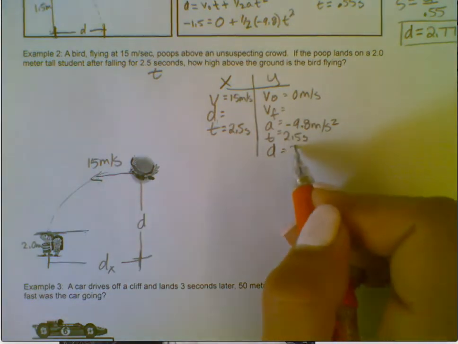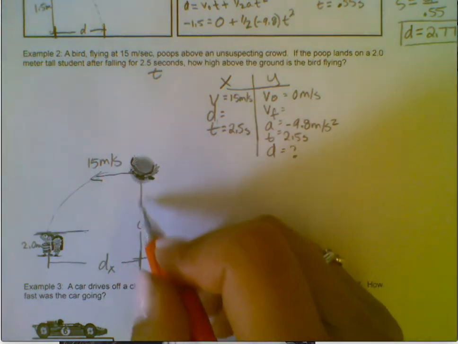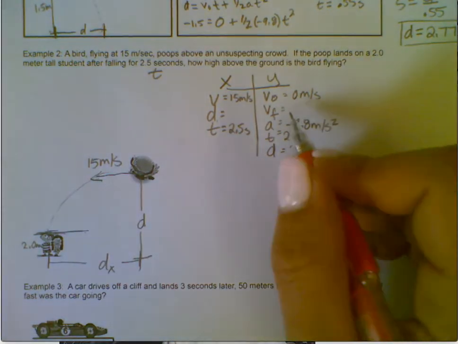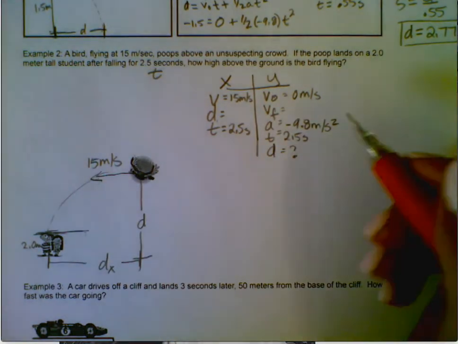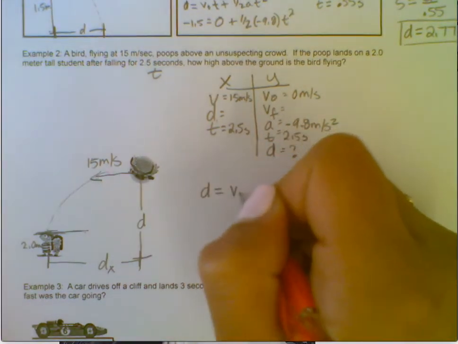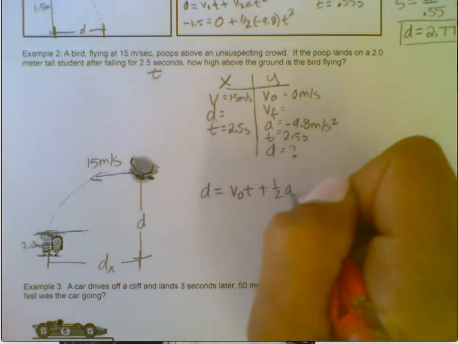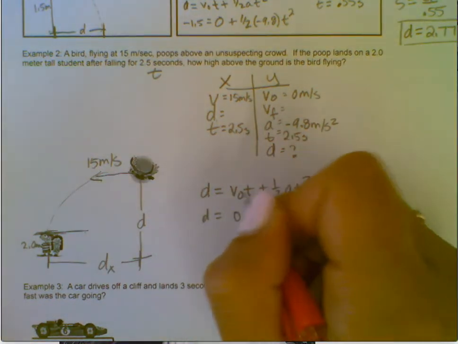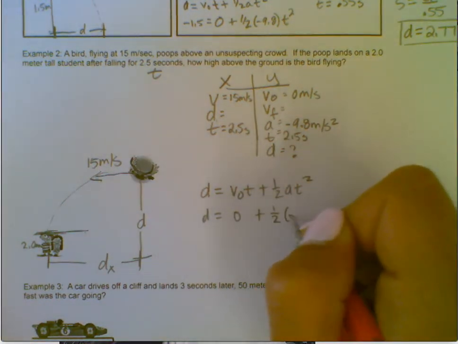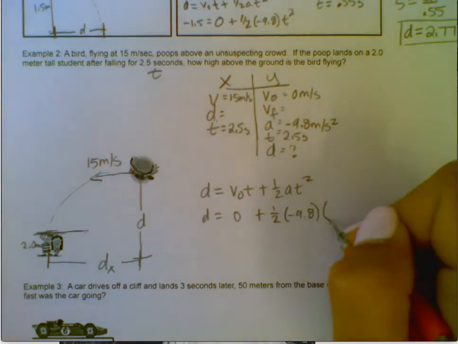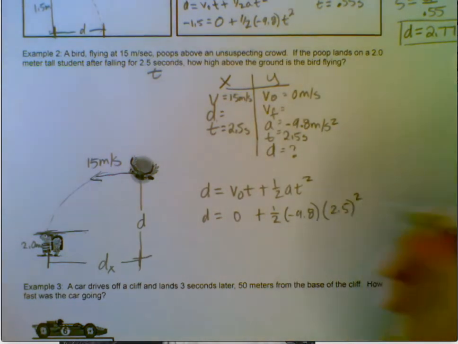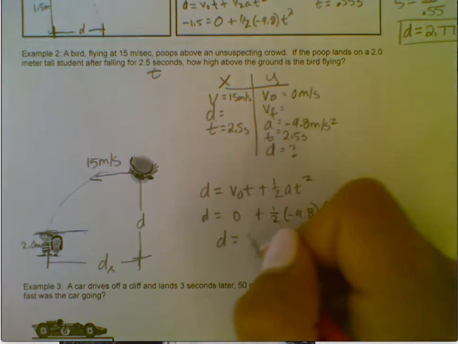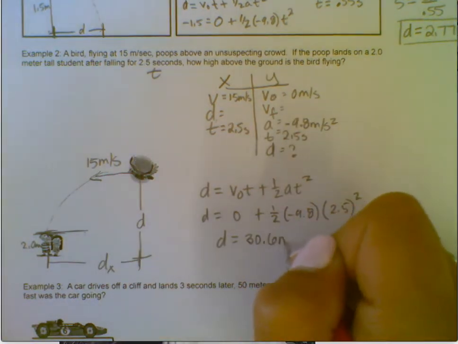So what we do want to find is the displacement in the y direction before the poop landed on the kid's head. Since we don't have VF and we're not trying to find it, we're going to use that same equation that we used last time. So if we plug in, 0 times anything is 0. And if you solve that, you get displacement equals 30.6 meters.